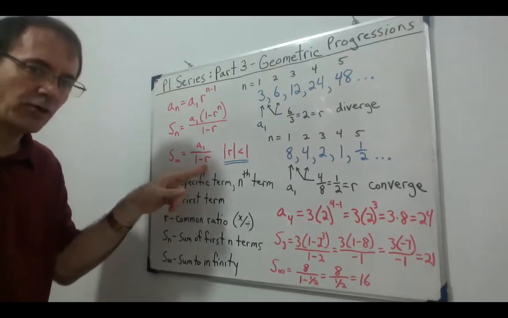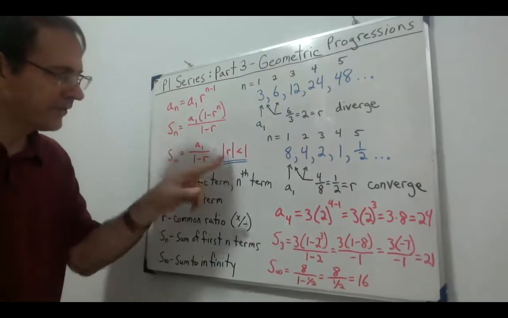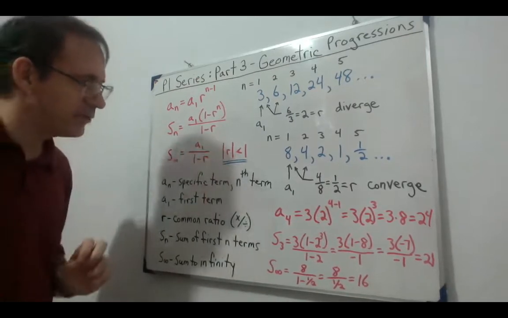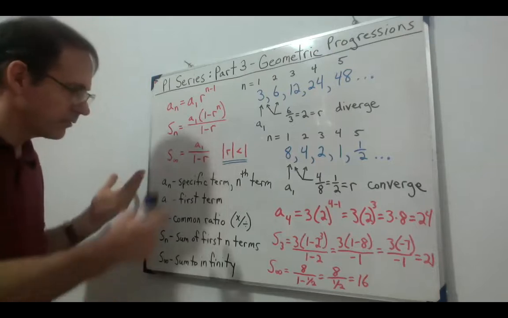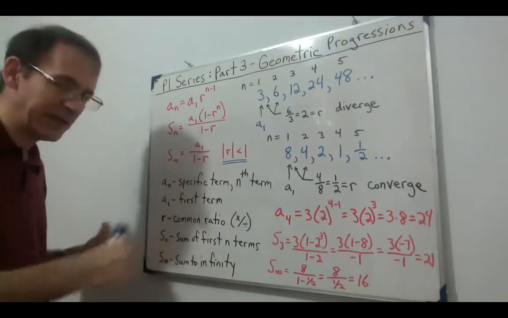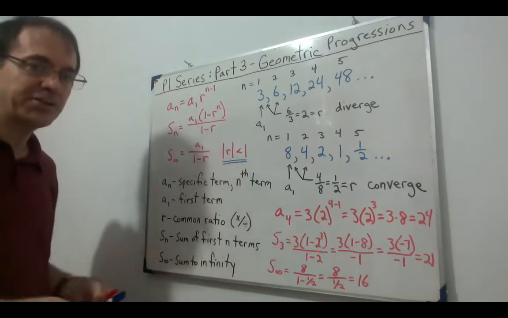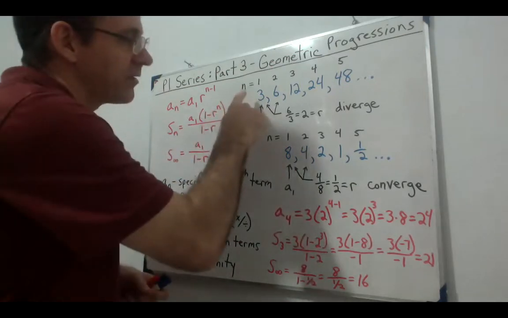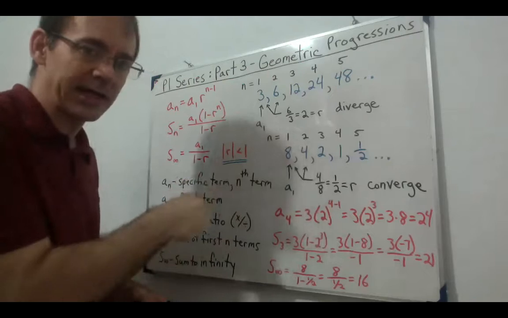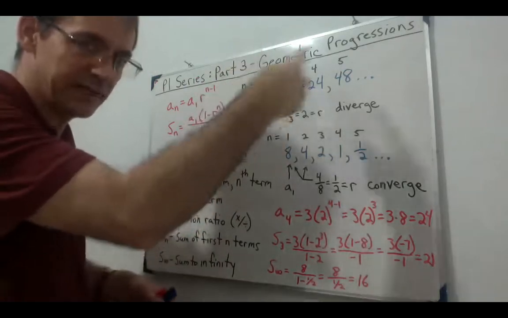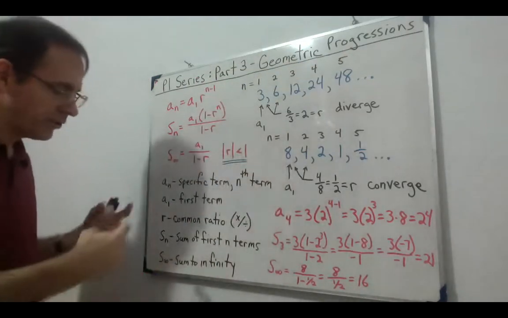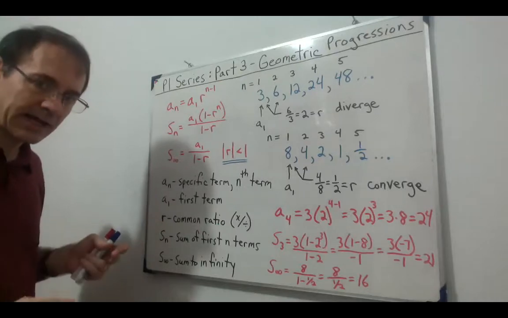However, this can only work if the absolute value of the ratio, we put absolute value because your ratio can actually be positive or negative. If your ratio is negative, it means the sign of your terms alternate, positive, negative, positive, negative, positive, negative.